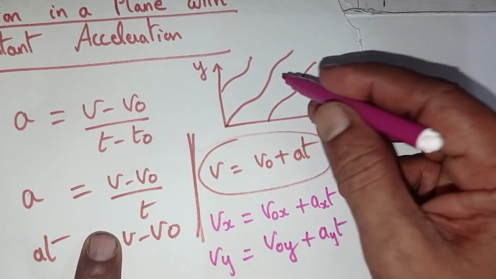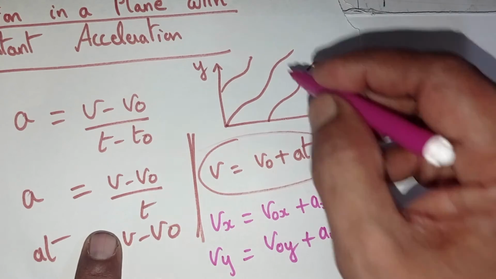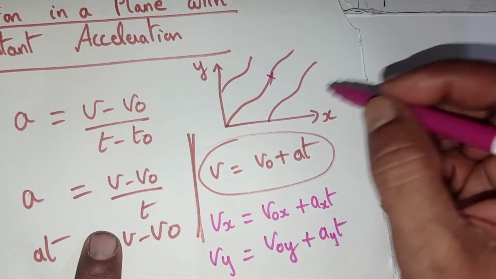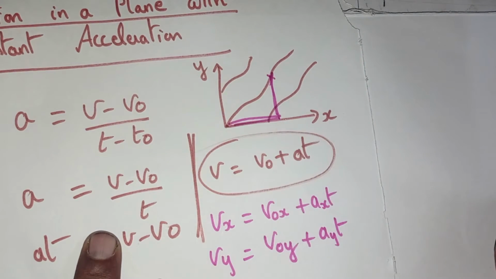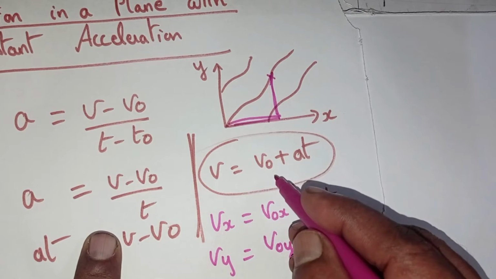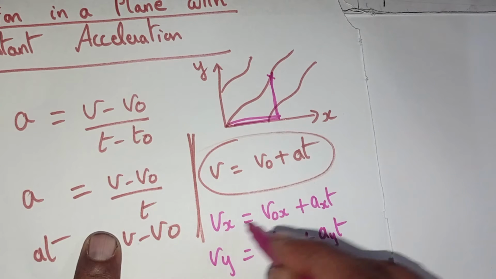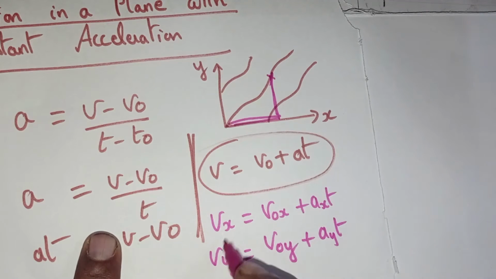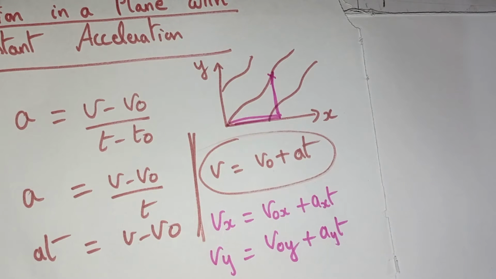That means at any point, if you consider this point, then it will have a vertical component and a horizontal component. Therefore, this velocity vector, final velocity, is equal to initial velocity plus at. So this can be split into horizontal component and vertical component. Horizontal component is represented by vx and vertical component by vy.